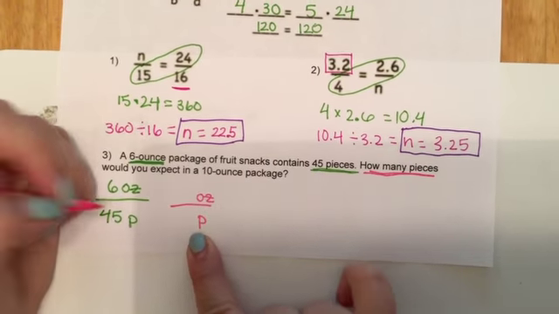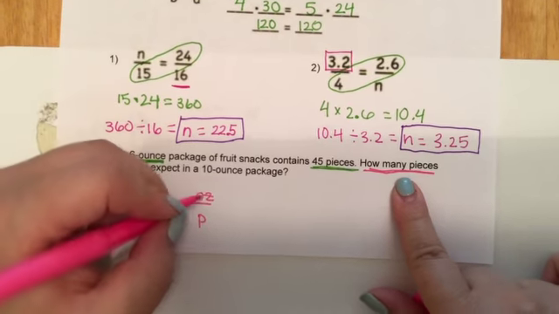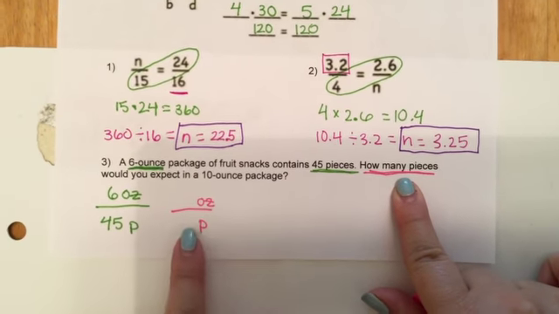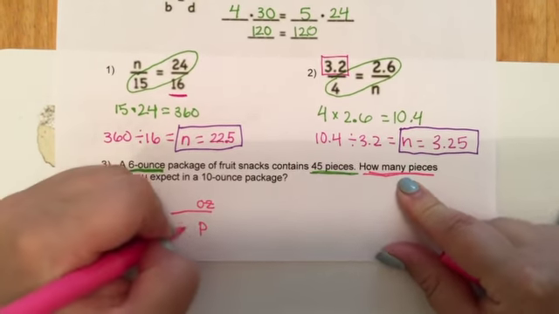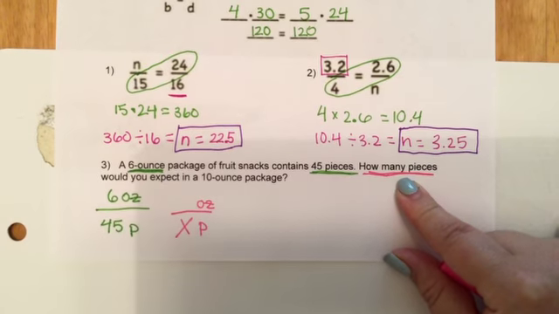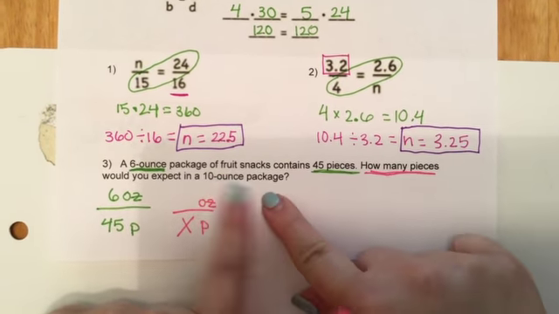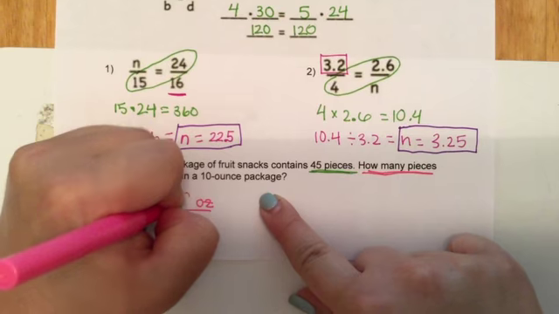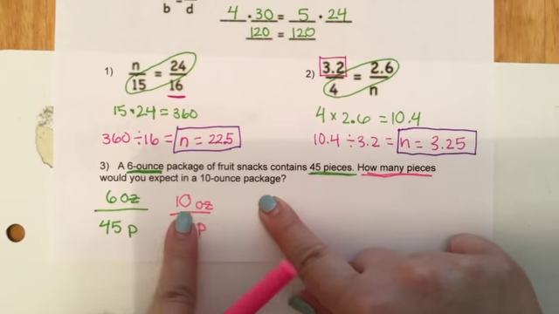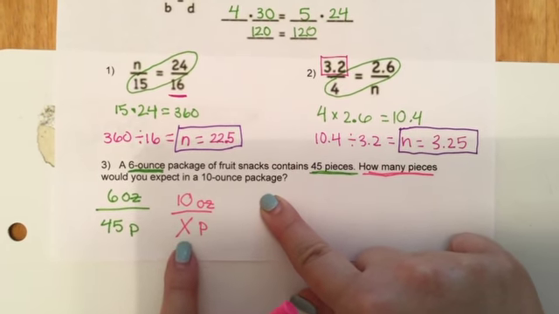Now we're looking for how many pieces, so we assign that a variable. I'm going to use variable x. So we have x number of pieces in a 10-ounce package because I don't know how many pieces there are.